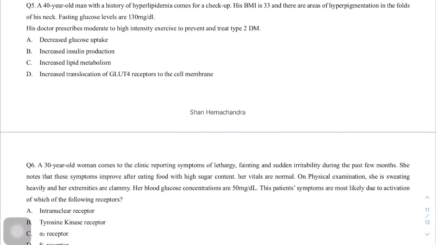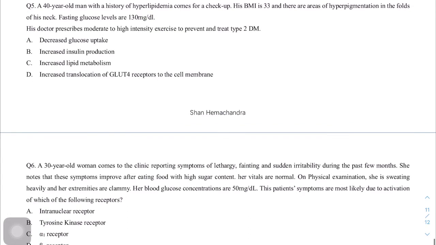And finally, the next question is about a 40-year-old man with a history of hyperlipidemia who comes for a checkup. His BMI is high and there are areas of hyperpigmentation in the folds of his neck. This is a condition called acanthosis nigricans, which is indicative of insulin resistance. His fasting glucose level is 120. Any value above 126 can be considered diabetic, and this is pre-diabetic.